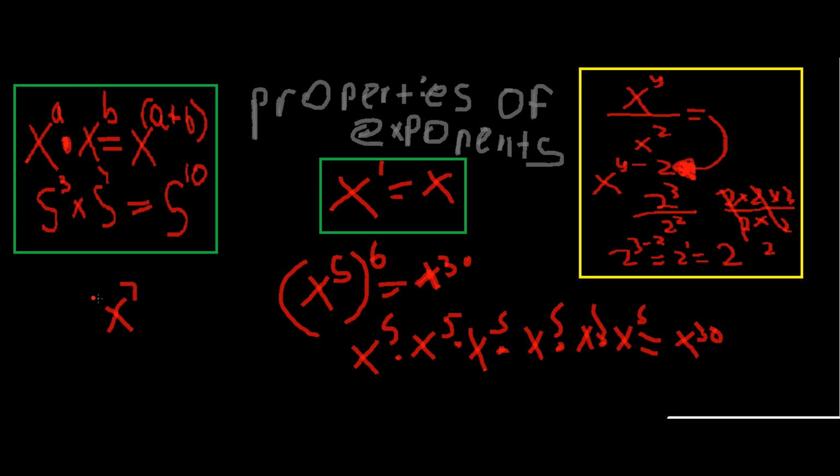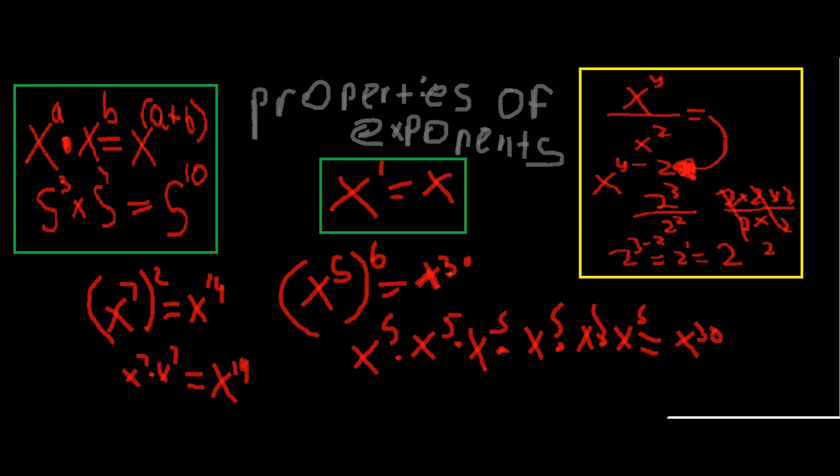So x to the 7th times x to the 7th. Multiplication property, 7 plus 7, x to the 14th. Let's multiply these two. X to the 14th. And if you tried this with other exponent examples, you would see that this works.